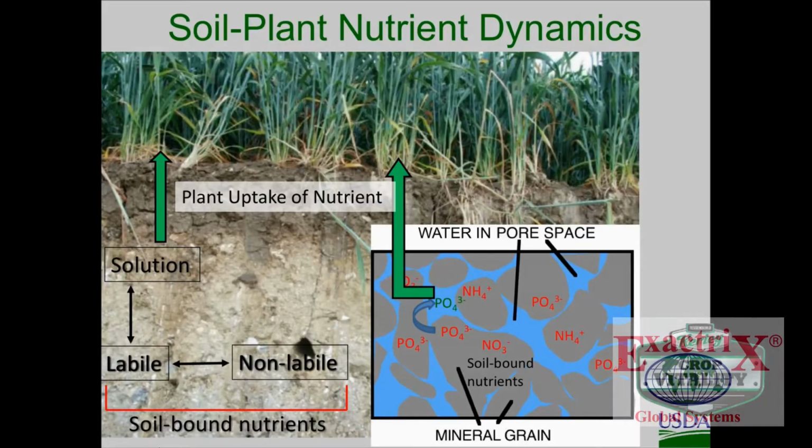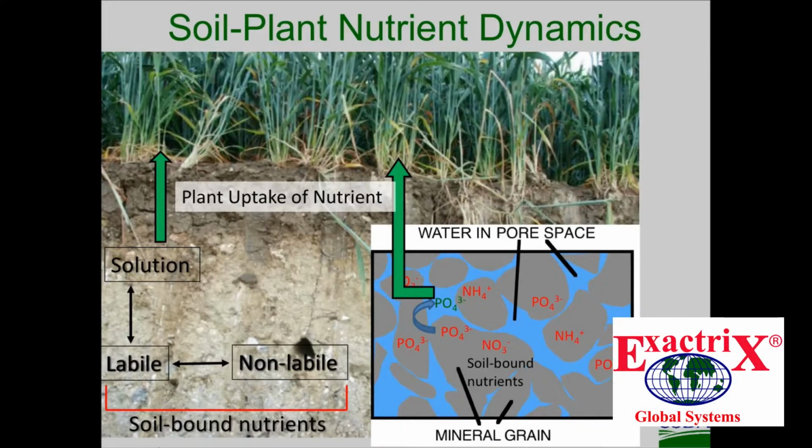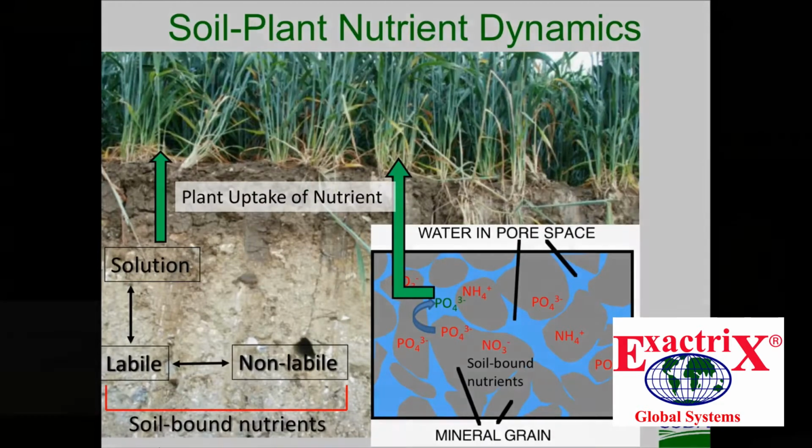So it slowly releases phosphorus to the solution so that the plant can then grab it out of solution and take it up. Same thing shown in a picture here. You've got your soil solids, organic matter, inorganic minerals. Phosphorus and other nutrients are bound to them. They desorb into the solution, and once in solution, the plant can take it up.